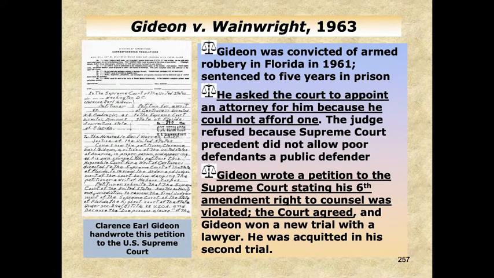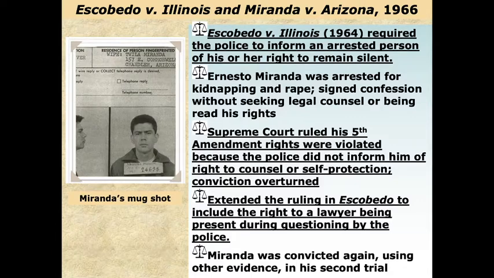So Gideon gets a new trial out of this with a lawyer this time, and this time he's acquitted. So, I mean, bruh, this is right to counsel, if you can't afford one.